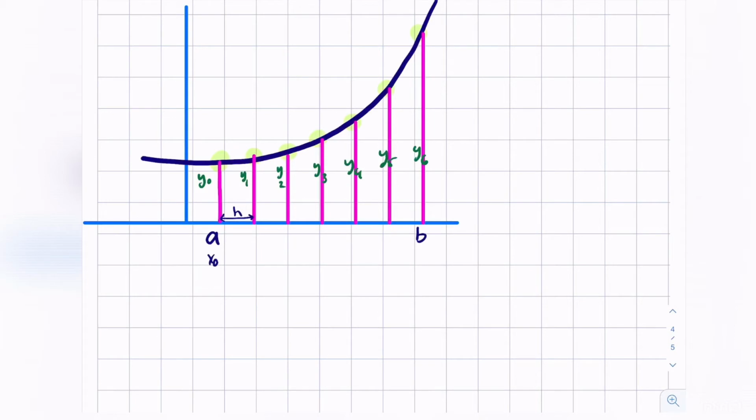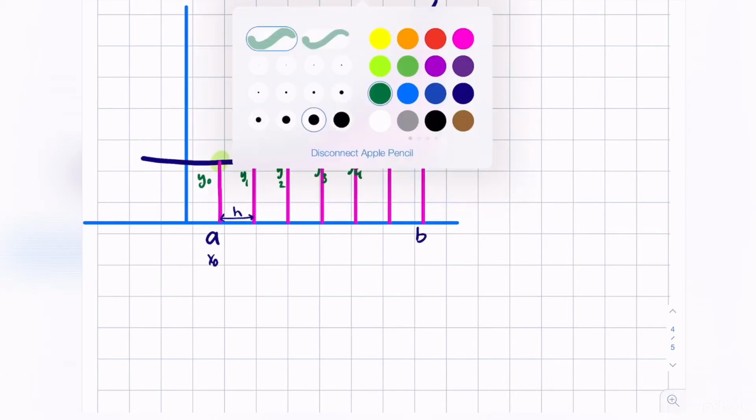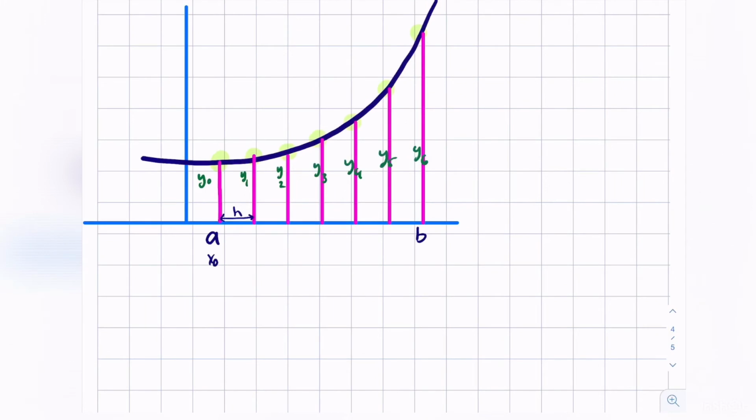Okay, so as we said, to find the area of the first strip, which I'm going to shade in pink, this is the first strip here. So the first area is 1/2 y naught plus y1 multiplied by h.